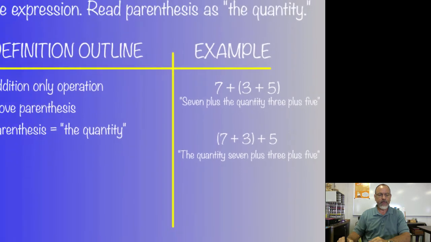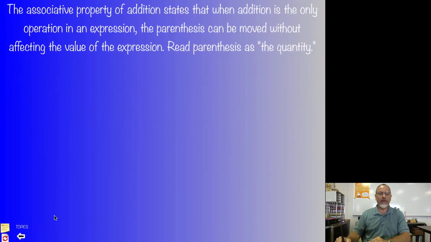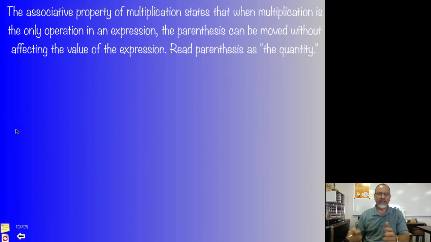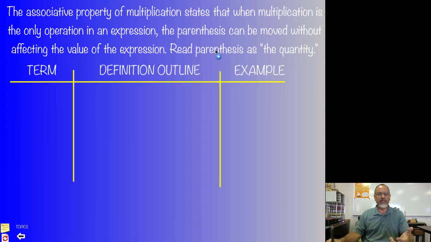Okay? Now, the associative property of multiplication is essentially the same thing, except that we're talking about when all the operations between the terms is multiplication. And again, it allows us to move the parentheses, and again, I want to say the phrase the quantity when I come to the parentheses.